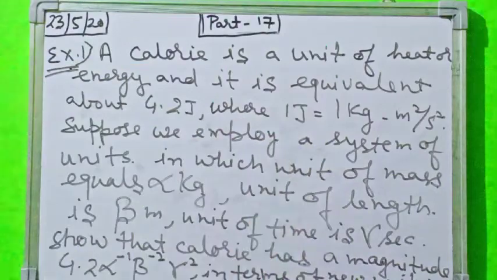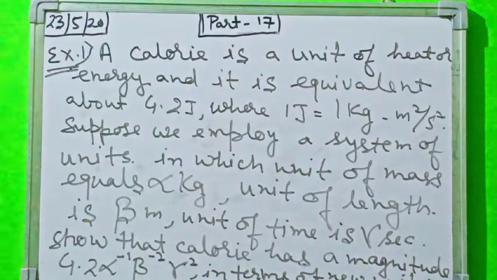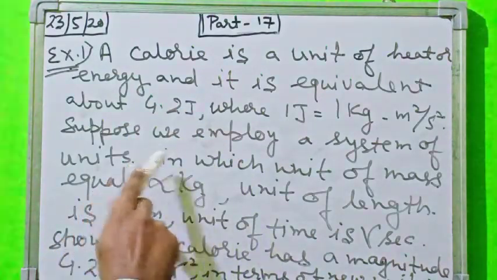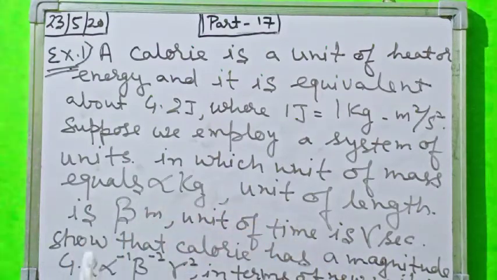The unit of length is beta meter and the unit of time is gamma second, so that a calorie has magnitude 4.2 alpha inverse beta minus 2 gamma square in terms of the new unit. So we have to show that in terms of the new unit, calorie can be represented like this.